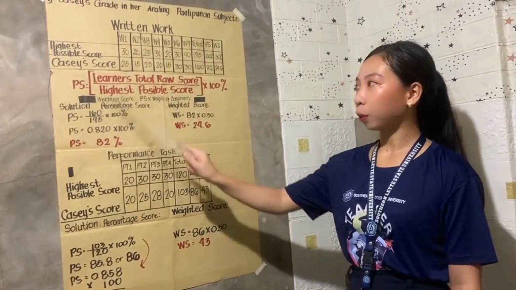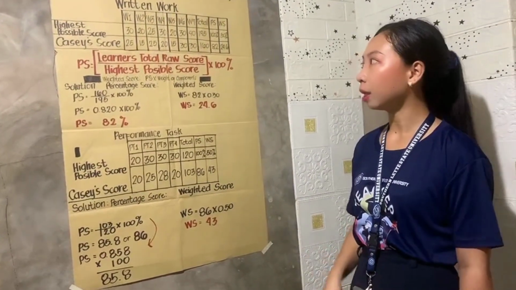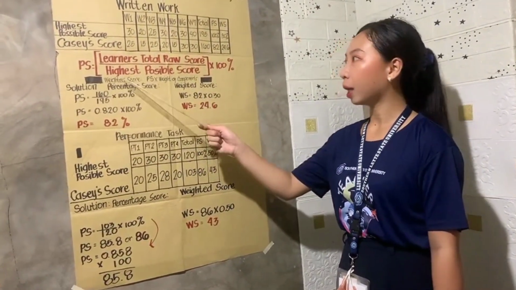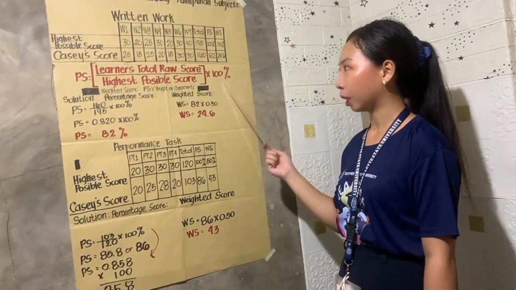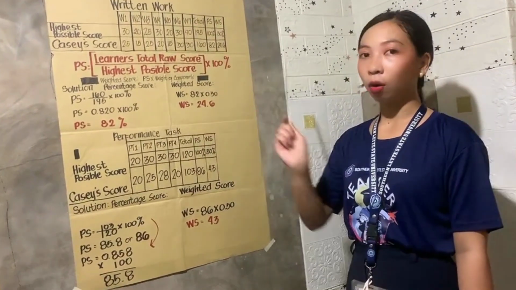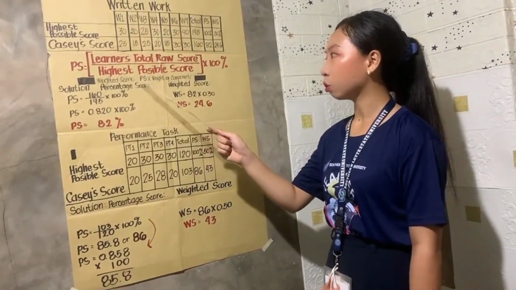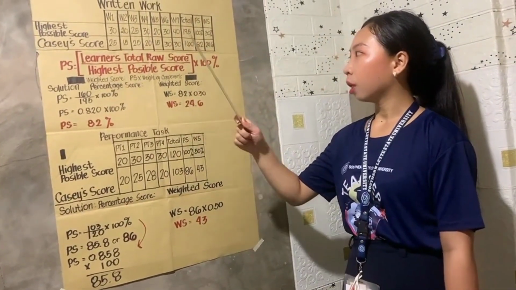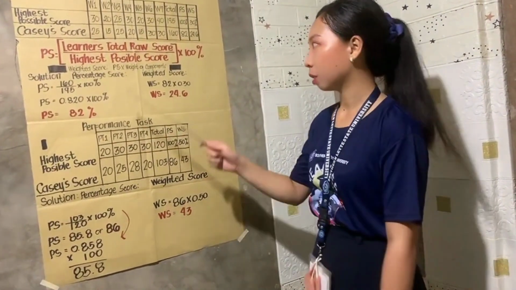So in getting the percentage score, we're still going to use the same formula, which is learner's total raw score divided by highest possible score multiplied by 100. And also in calculating the weighted score, we're going to multiply the percentage score by the weight of components.